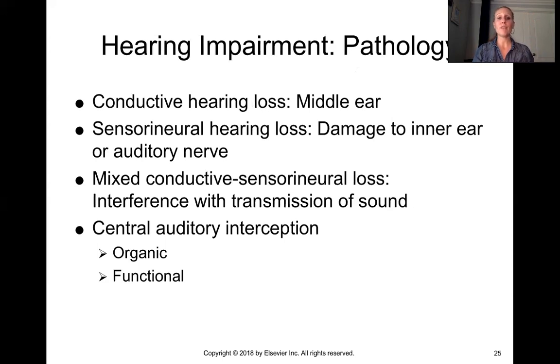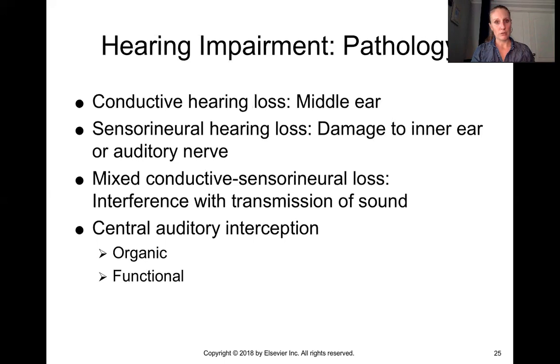So that we can prevent that mixed hearing loss. For the central auditory perception hearing loss aspect, we have organic, which is going to be a lesion of sorts. It's a lesion in the brain that is going to cause aphasia or agnosia. So it has to do with the processing of the speech. Either they can't process it in or they can't process it out. And that has more to do with a lesion in the brain.